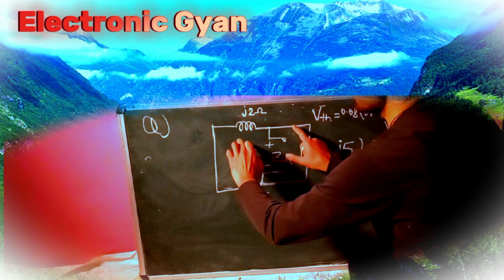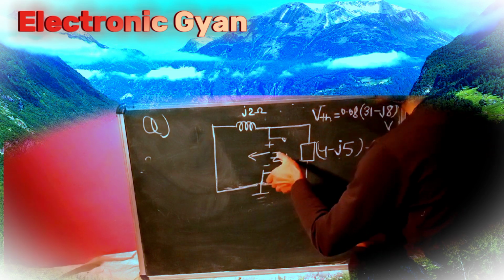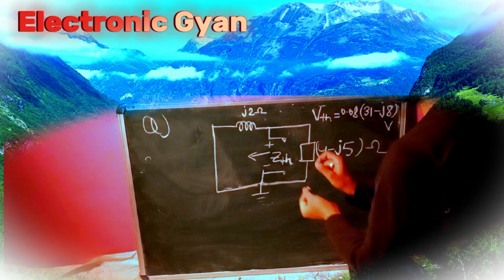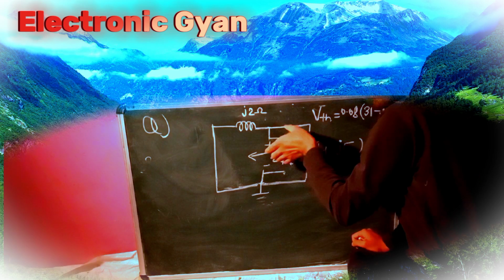If you see these two elements, how are we looking at the equivalent impedance? These two impedances are parallel. Looking at it, it seems like they are in series, but we are taking it as open, though it is not actually open.